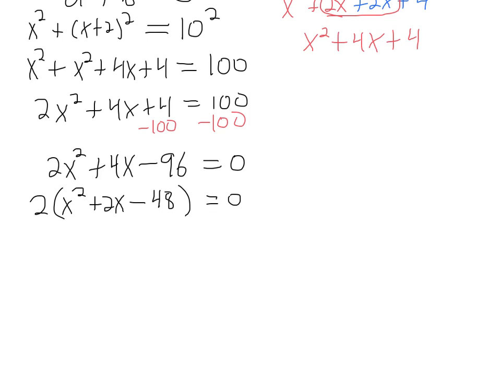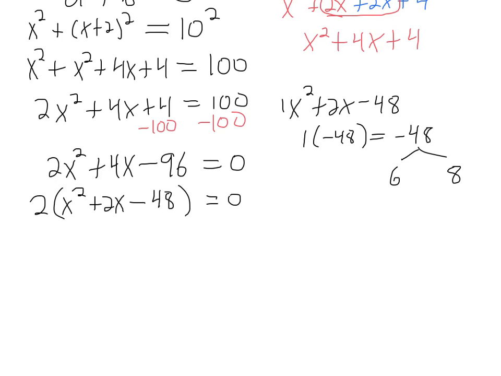Alright, let's work with this x squared plus 2x minus 48 part. Taking the 1 times the negative 48, negative 48, we're looking for factors that add up to 2, and 6 and 8 will work. Negative 6 plus 8 specifically. 8 minus 6 is 2.